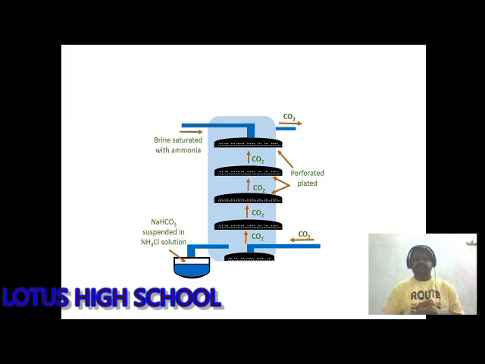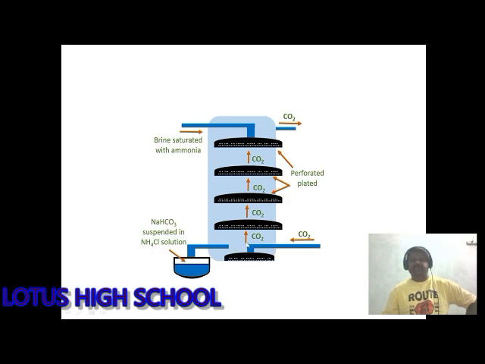So the brine solution saturated with ammonia is sent into the tube at the upper position, and from the bottom you pass the carbon dioxide gas.